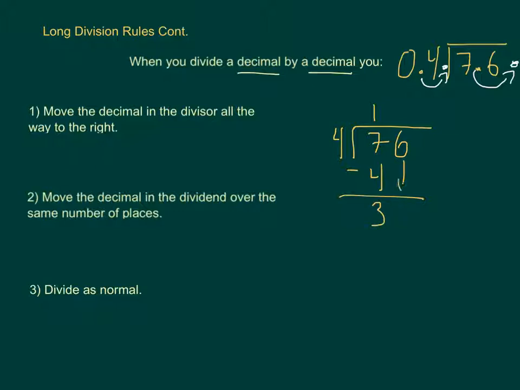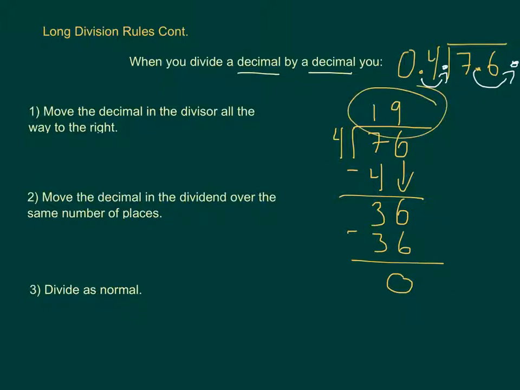We then bring our next number down, which is 36, and we repeat the process. How many times does 4 go into 36? We know that answer is 9. Then we multiply and subtract again. So 9 multiplied by 4 we know is 36. And we subtract. 36 subtract 36 is 0, which gives us a nice, beautiful answer of 19.